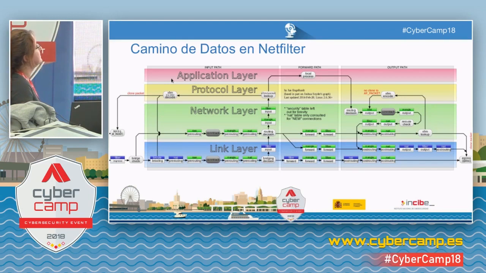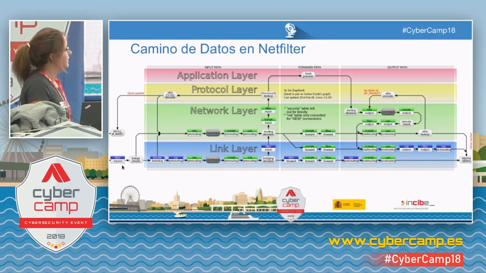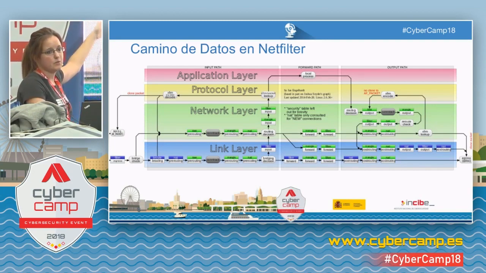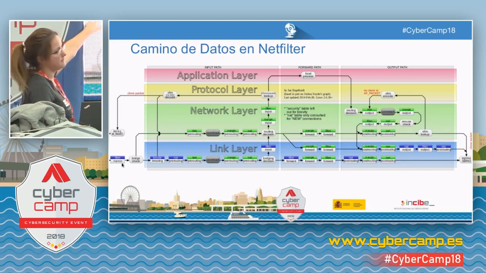And in pink there, we can see the application layer. So that would go directly to the user space. On the left, we can see the access through the card of our packet, any old packet, which gets to the Ingress area. That's the first step.